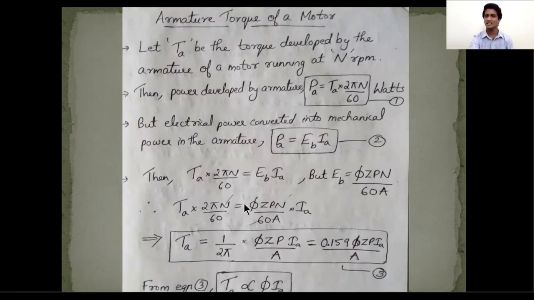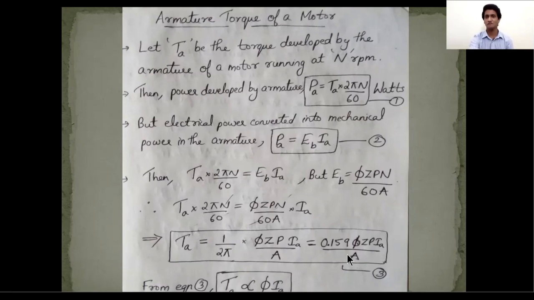By cancelling out the common terms, we get TA equals 1 by 2 pi into phi ZP IA by A, where phi is the flux per pole, Z is the total number of conductors in the machine, P is the number of poles, IA is the armature current, and A is the number of parallel paths. And 1 by 2 pi equals 0.159. So TA equals 0.159 phi ZP IA whole by A.